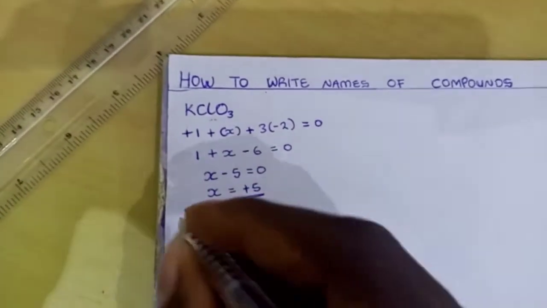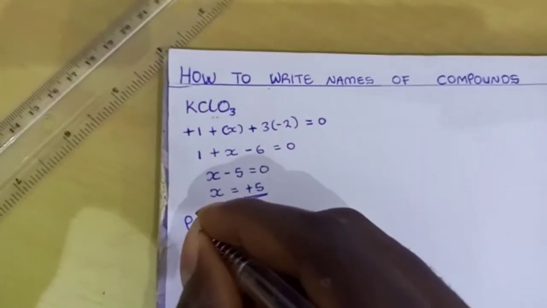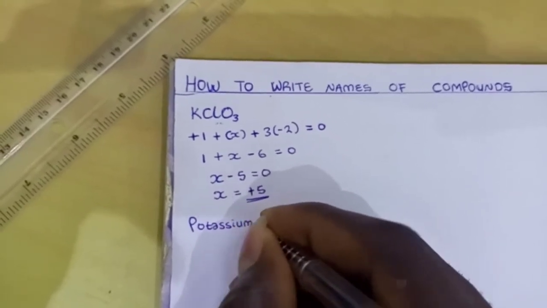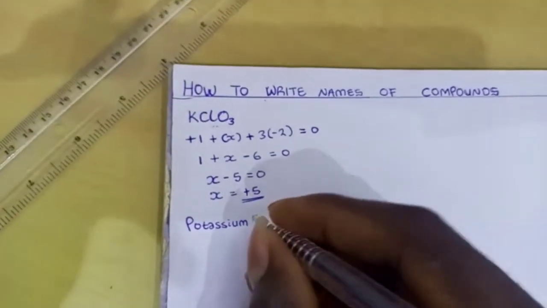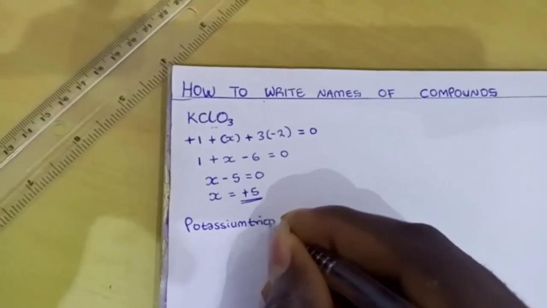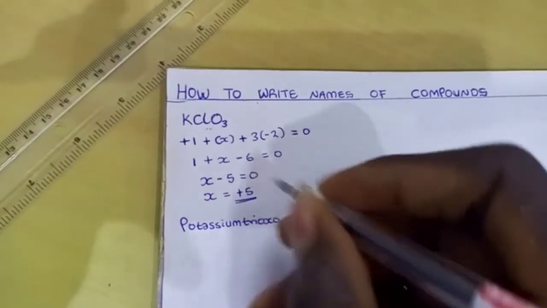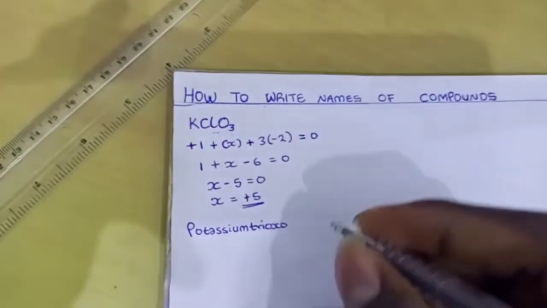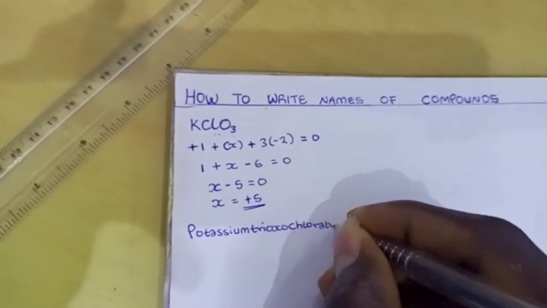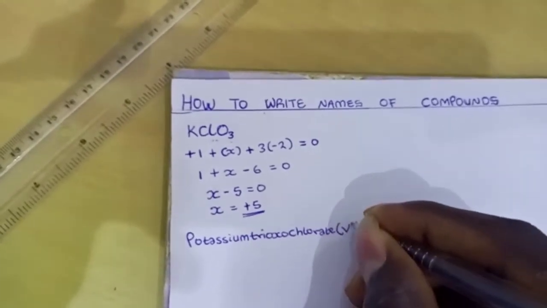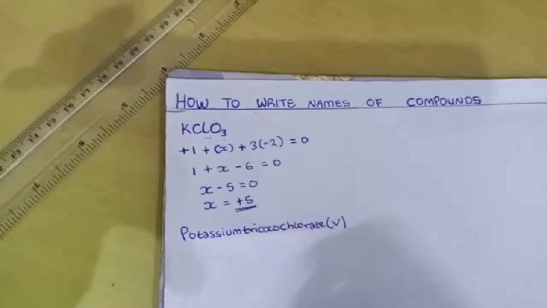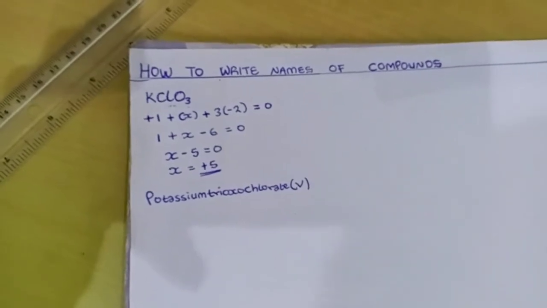So here the name will go potassium trioxochlorate(5). Trioxo, because we have 3 oxygen here, and 5 because we got 5 as the oxidation number. So that is our first example.